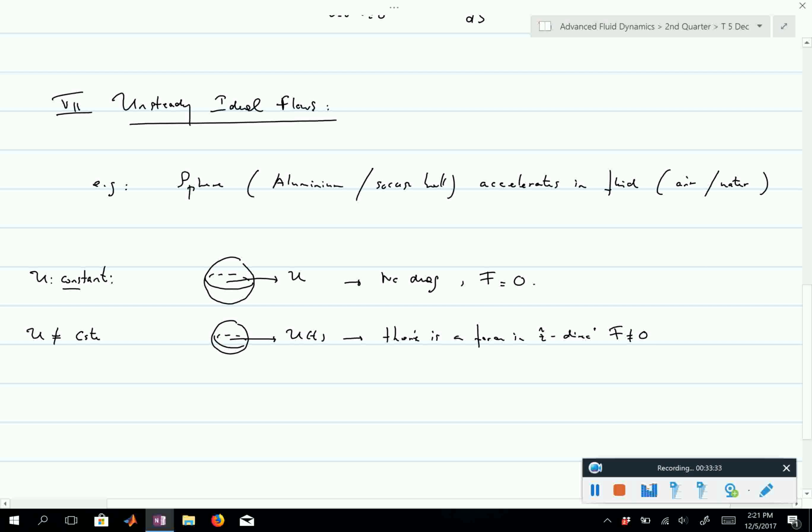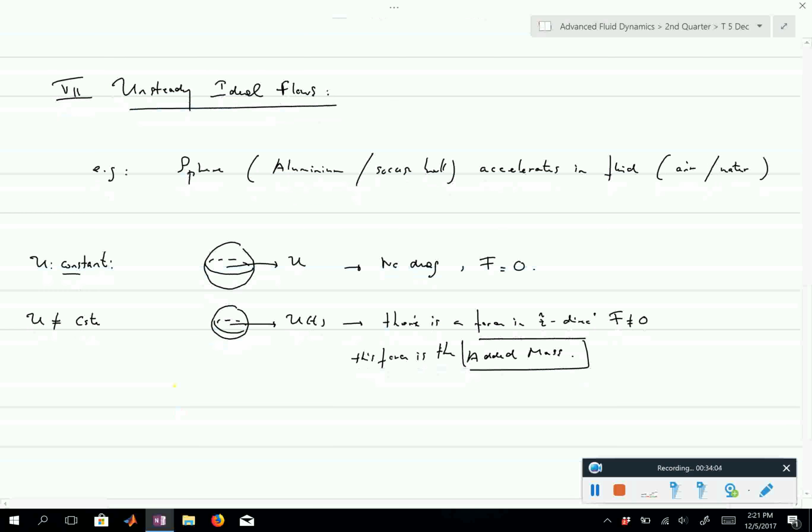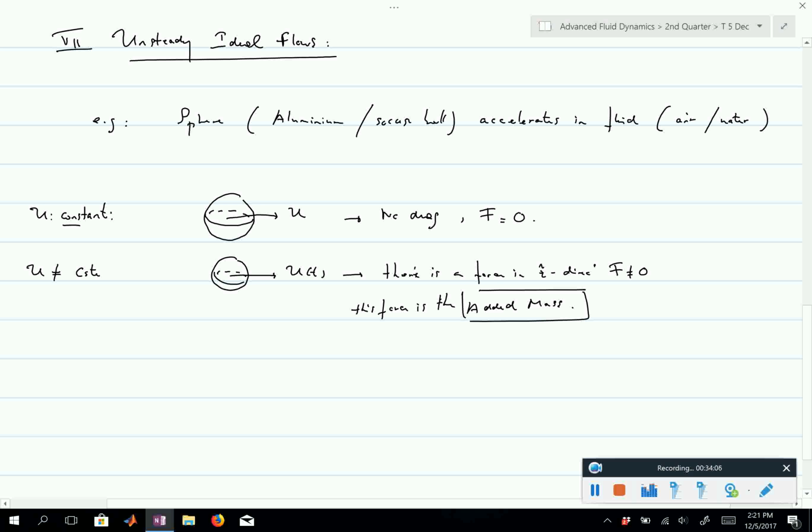This force is called the added mass force, or usually just the added mass. Okay? This is how it will be called. And so we'll be discussing added mass, and in principle, in a few minutes, you will understand why this is called an added mass.